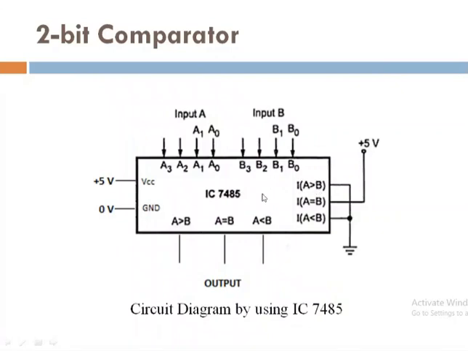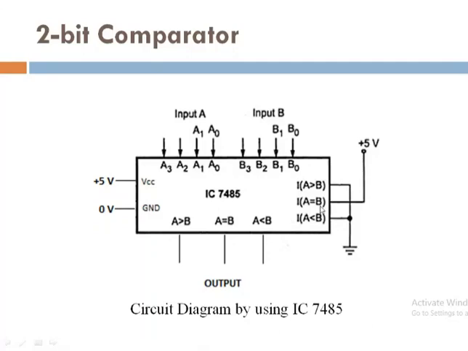Now we'll see the circuit diagram with the help of IC 7485. Again 2 bits, so here you can consider 2 bits of A and 2 bits of B. VCC and ground are connected. The output sections are connected to the output part, and 3 output LEDs can be used.